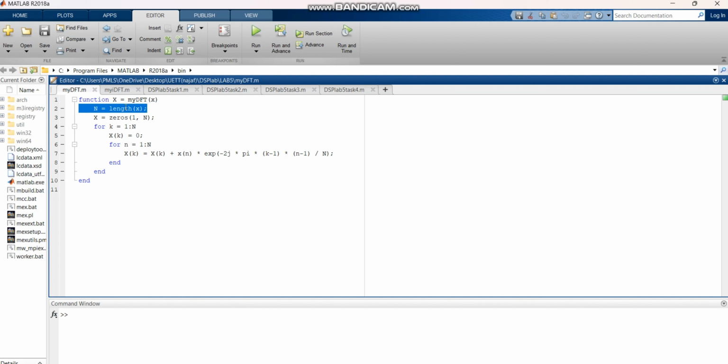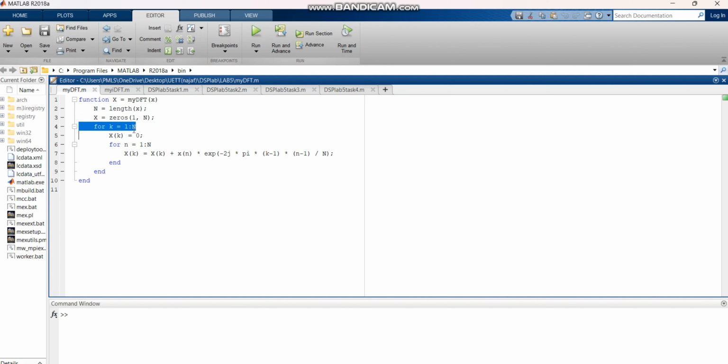In this line, we find the length of the input vector x and assign it to the variable n. This line initializes an output vector capital X of zeros with the same length as the input vector small x. This vector will store the discrete Fourier transform coefficients. Then we used a for loop.